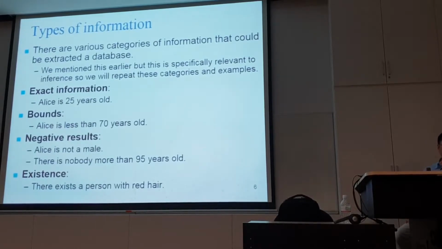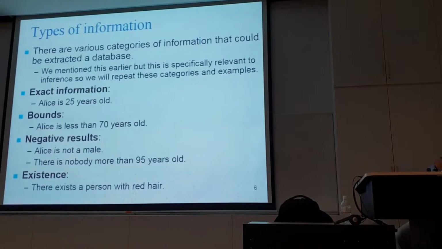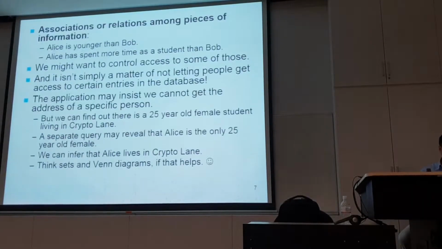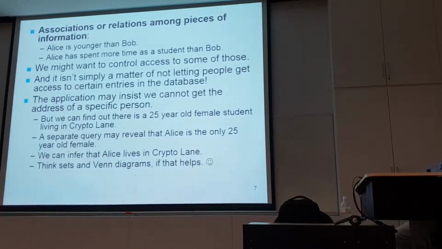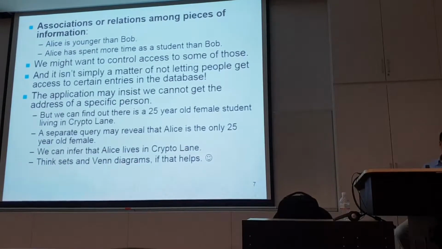Here are some examples of the type of information that can be leaked. Sometimes people, by querying information that may not be directly linked, may be able to obtain some relationship between the data.